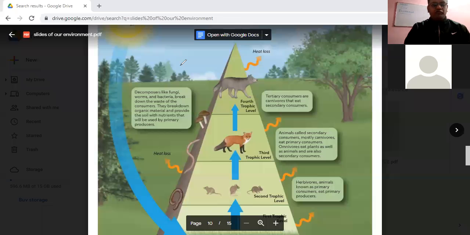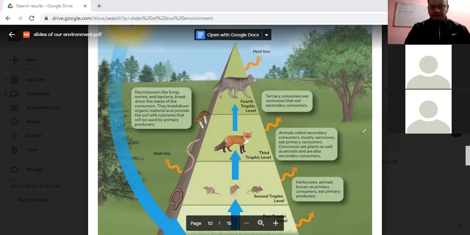Yes, Kunal, as you said, the energy flow is unidirectional. Why is it like that, Kunal? Why not bidirectional? Energy flow is unidirectional because there is no recycling of the previous level. Okay, very good.